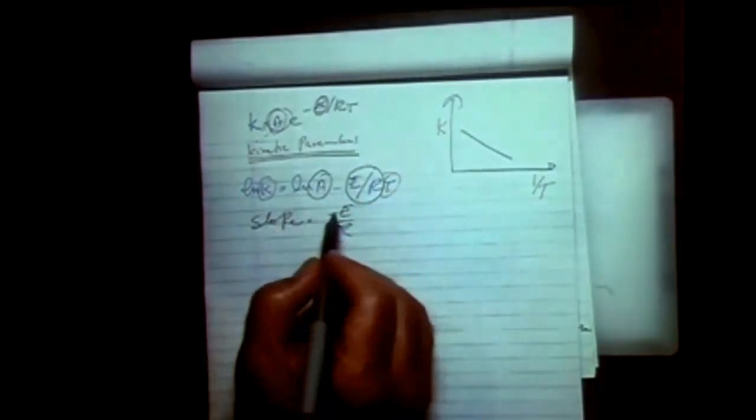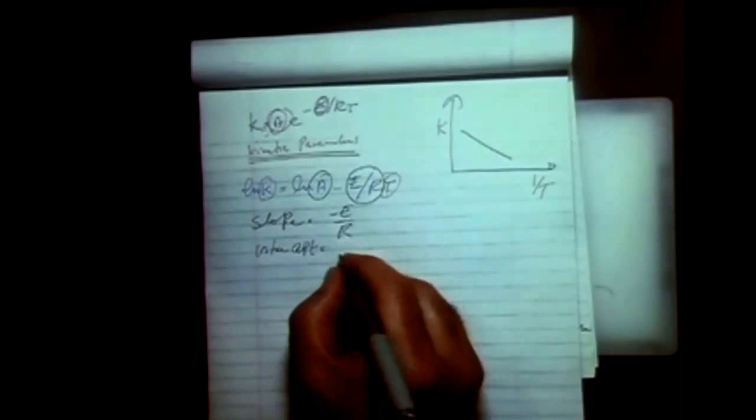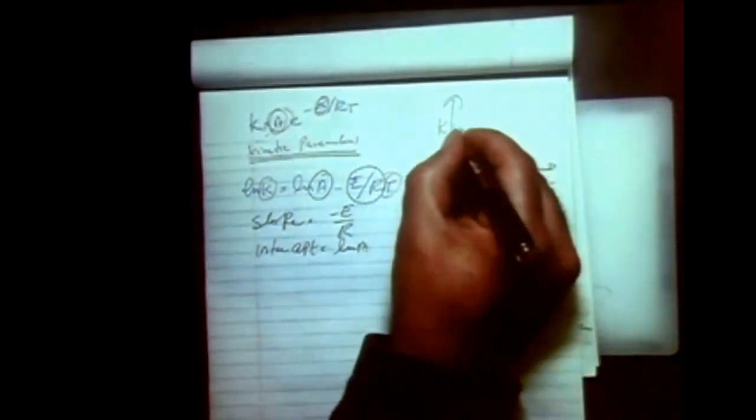Obviously the slope is negative, this negative cancels out, and you have the value of R. Easily you can find E from here, and then the intercept would be ln A. So where it hits here, this value, and the slope give you E and A, and you can calculate them.